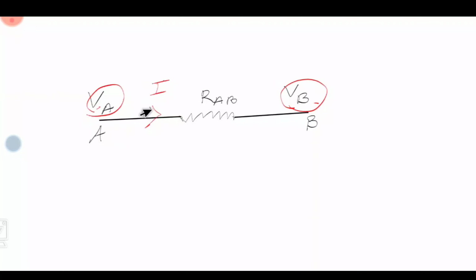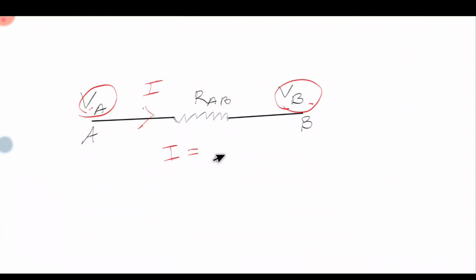To find the current I, the direction is from A to B, so the potential difference is VA minus VB, divided by the resistance RAB.